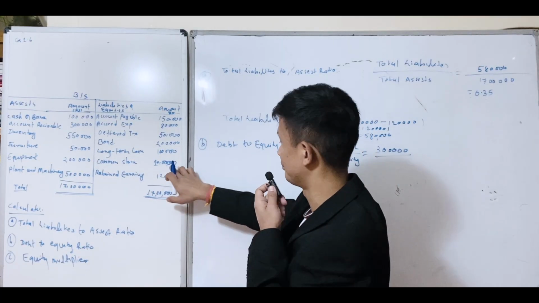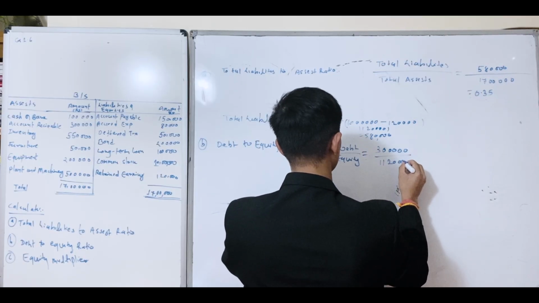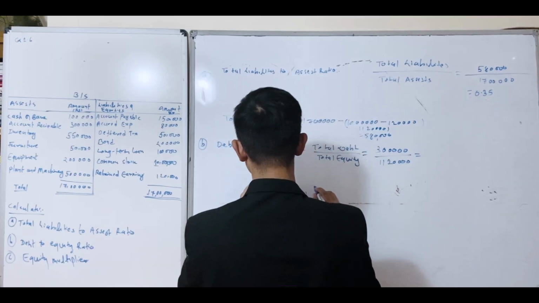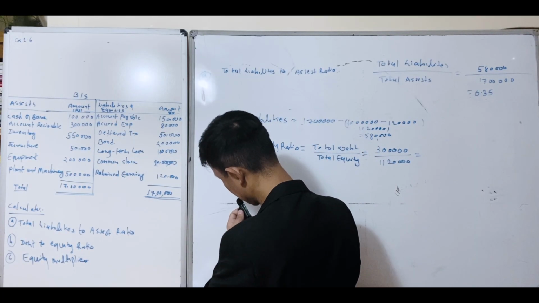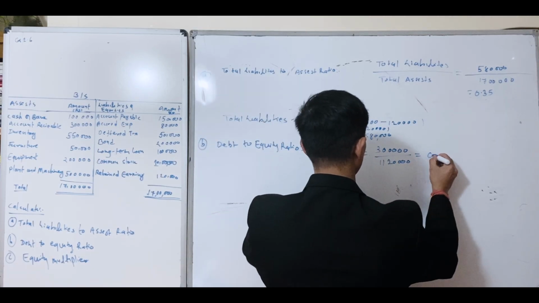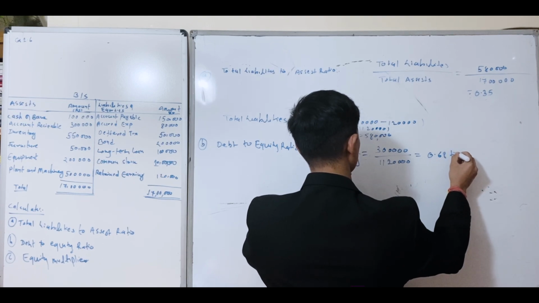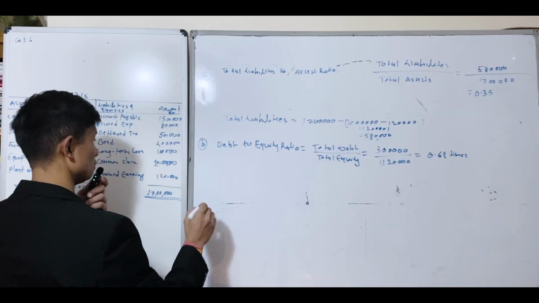So again 11 lakh 20,000 is total equity. 3 lakh divided by 11 lakh 20,000, then we get 0.68 times debt to equity ratio.